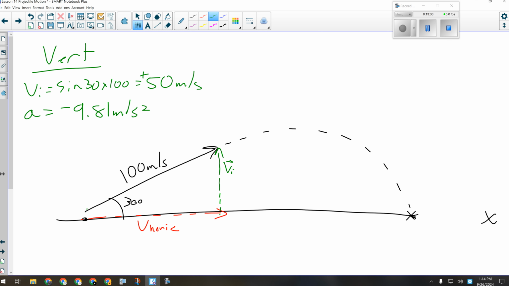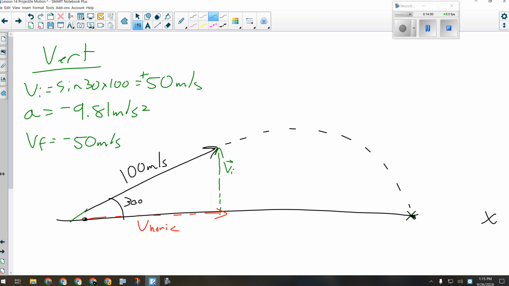So if we're talking about the whole flight, when it comes back to here, VF will be negative 50. That's something we have to remember. In a projectile at an angle question, VI and VF vertical are going to be the same number, provided it comes back down to the same height.